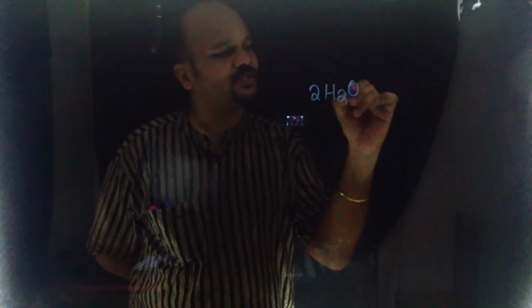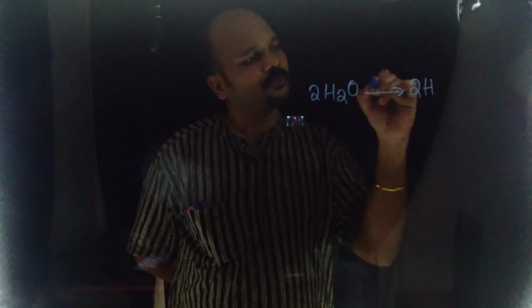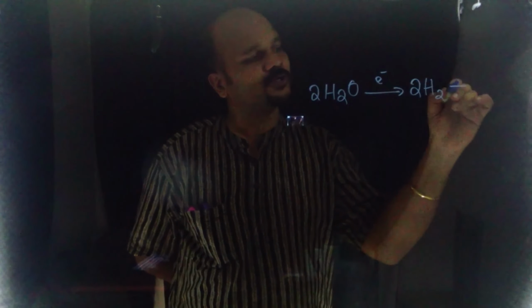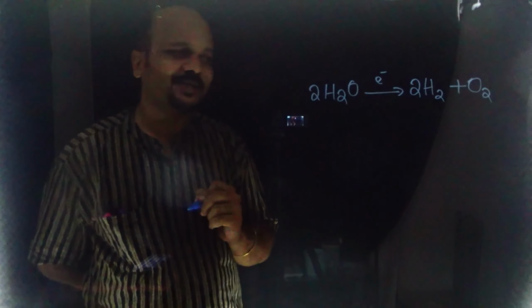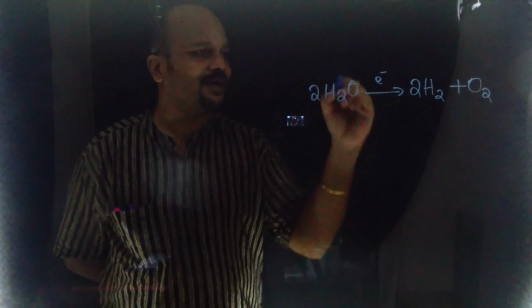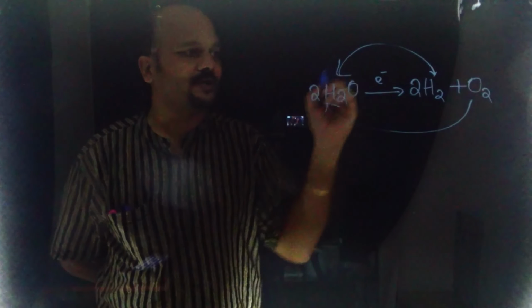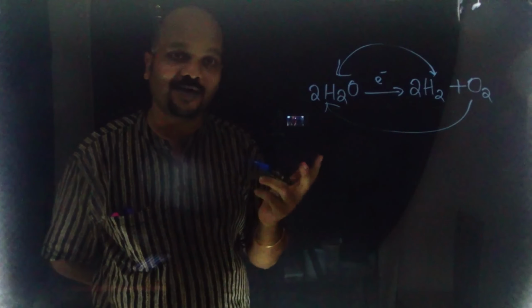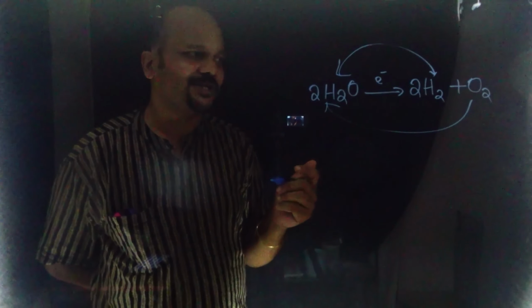So, when you pass electricity through water, this water is split into hydrogen and oxygen. See, now you can understand from where actually the fuel of the fuel cell is coming. Both hydrogen and oxygen are coming from water itself. So water is plentiful, that you can find in the ocean.